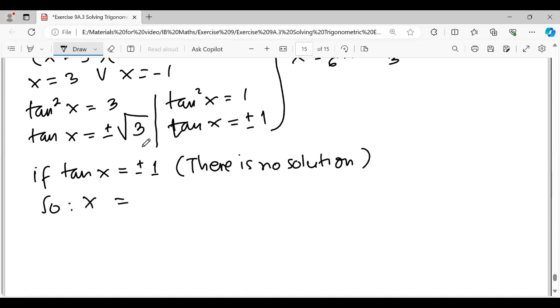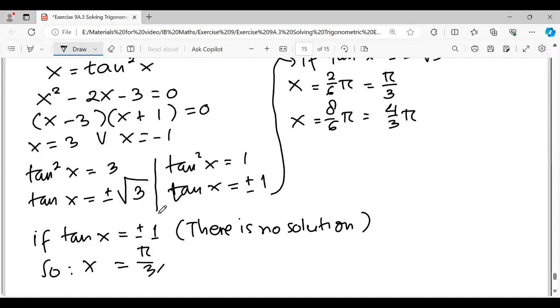So x are pi third, after that 2/3 pi, and then 4/3 pi, or 5 pi third.